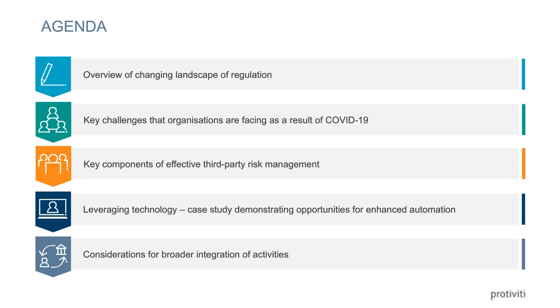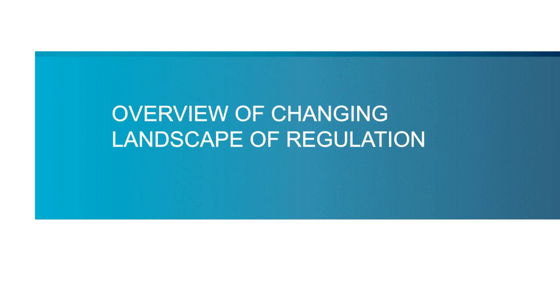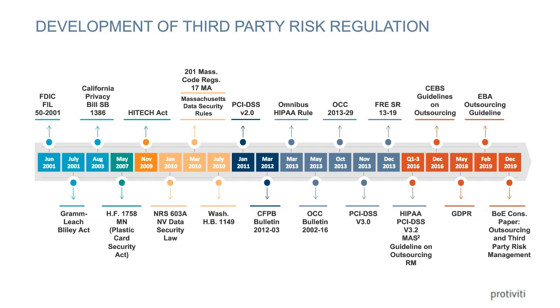So moving on to the regulation and the changing landscape within the UK and Europe. One of the things that's been particularly noticeable when attending conferences and talking to clients is the comparative difference in maturity between Europe and the US.